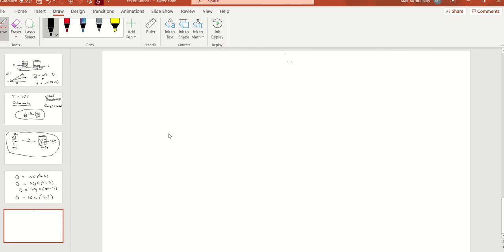At this point, let me just write down that this heat transfers into the water. We have 100 grams of water, specific heat of water, times the final combined system temperature minus 20 degrees Celsius.